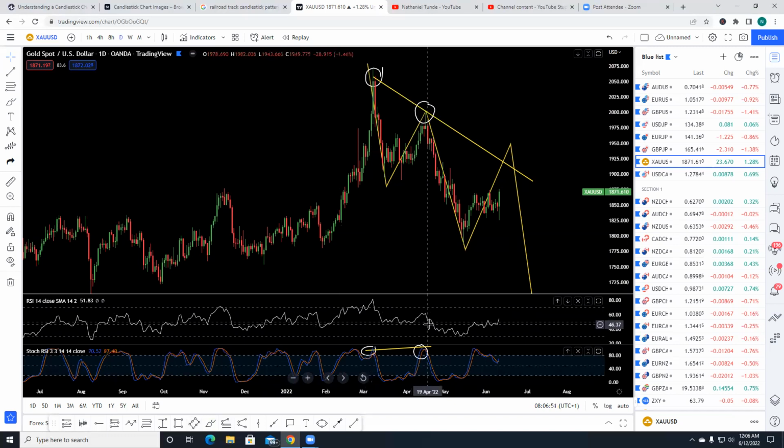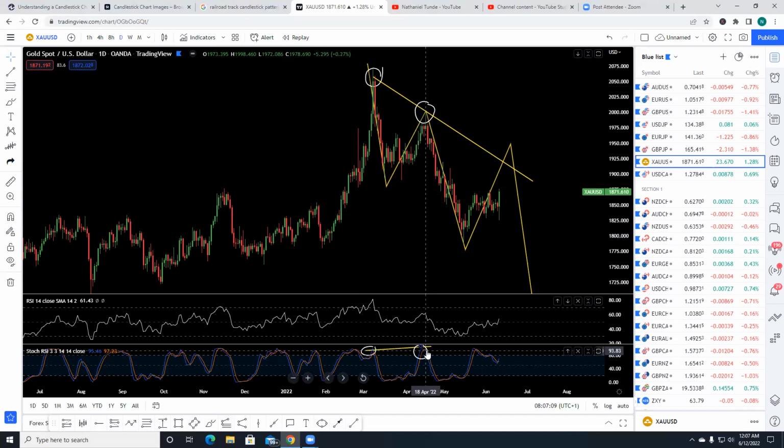So right now, RSI is below 50, and stochastic is telling us that we have a better sell opportunity. Even though the market is making a lower high, that lower high is a better area to sell, because the indicator has pushed up to give us a premium price.